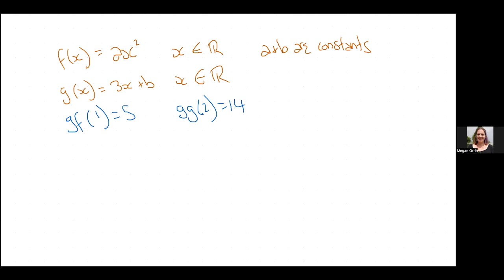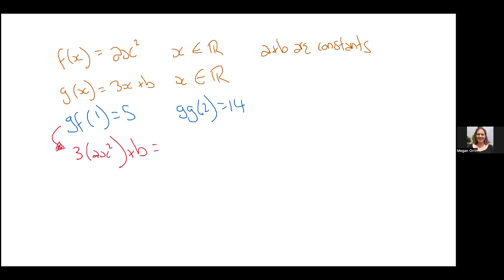So what we can do is find gf of 1. Let's do that. We're going to start with g, so 3x, but instead of x, we're going to use this: ax squared plus b. Let's substitute what we do know. What does this equal? 5.